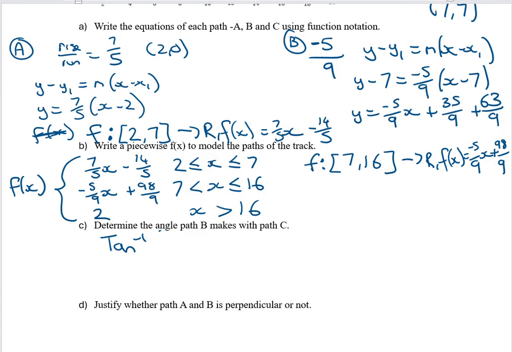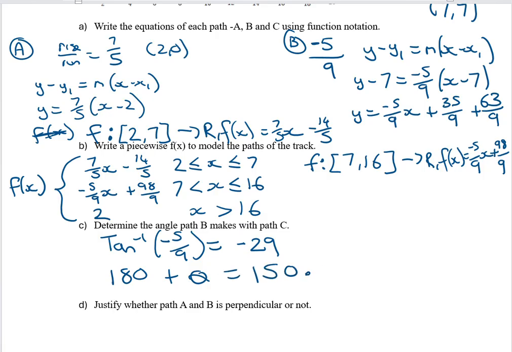Tangent negative 1 of negative 5 over 9, and that's going to give us approximately negative 29. So if I add 180 to my theta, I will then get 150.945 degrees.